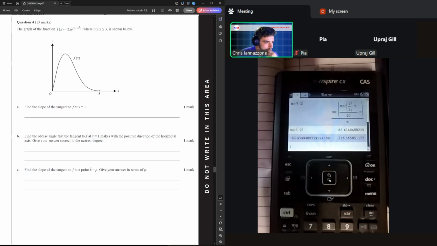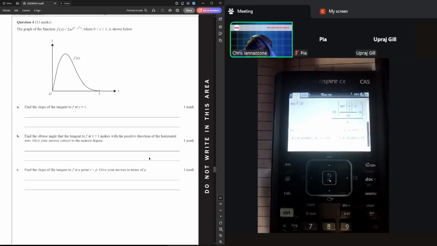We don't have x equals 1 anymore, we just have x equals P. Did we just do derivative and sub in P? Yeah, that sounds appropriate to me. Derivative and then sub in P.